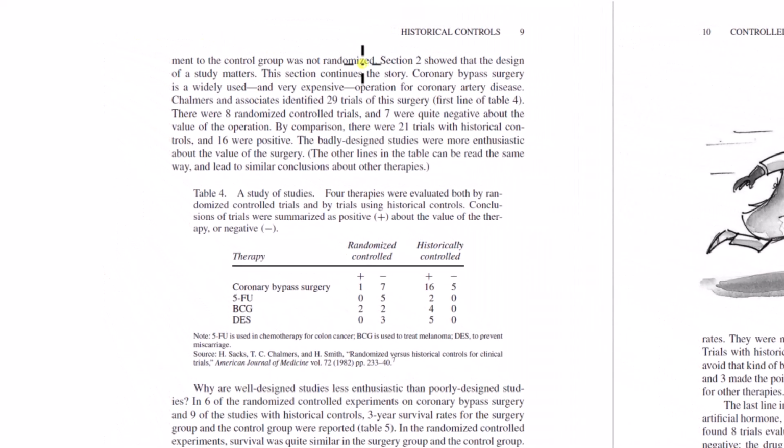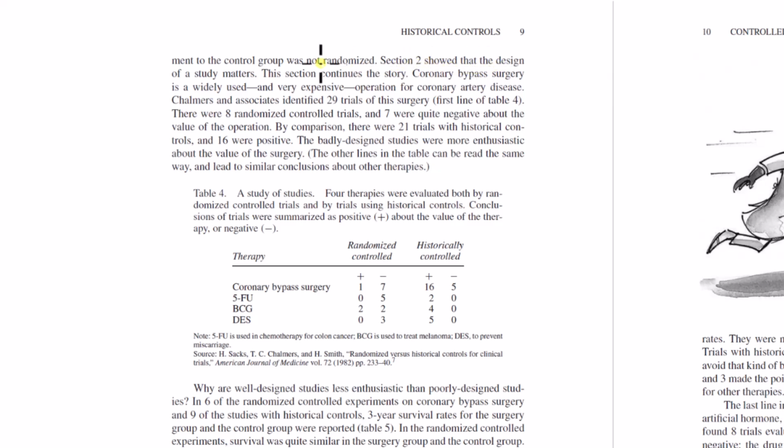Remember, what does that mean to be not randomized? They weren't selecting patients for the treatment group, so for surgery, and the control group, so not surgery, from like a random group of healthy people. The control group wasn't random. They were taking people who were not getting surgery for biased reasons as the control group.